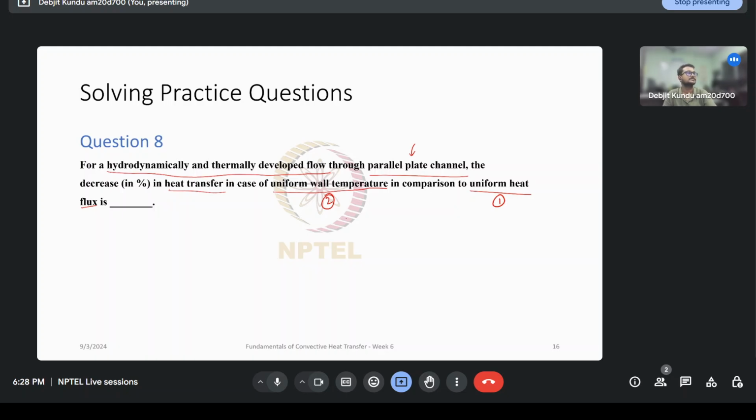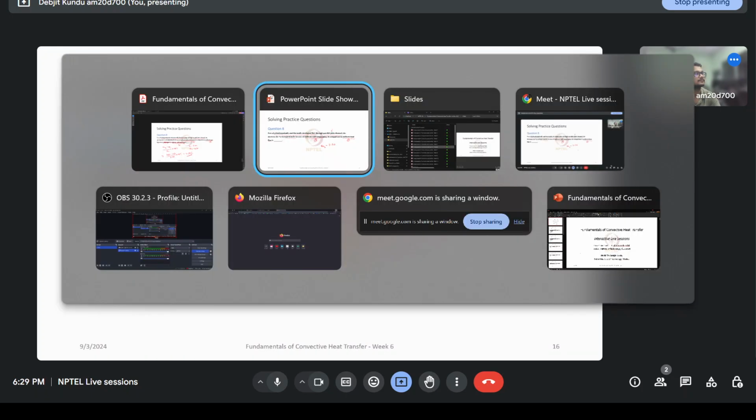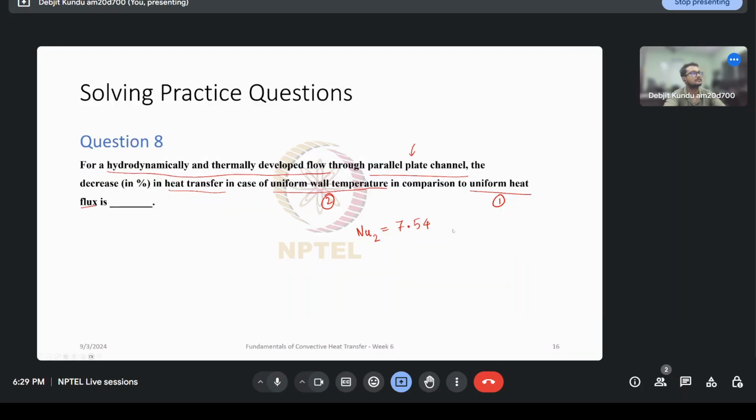So in this case, for the uniform wall temperature condition, Nu2 is equal to 7.54, and the other one, that is Nusselt number 1 for uniform heat flux, is 8.24.